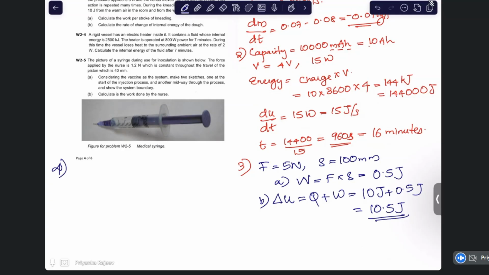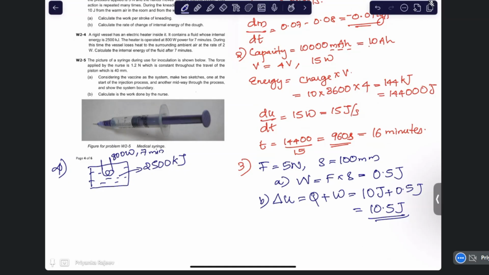So the question is, there is this rigid vessel which has an electric heater inside it. It contains a fluid whose internal energy is 2500 kilojoule. The heater is operated at 800 watt for 7 minutes.